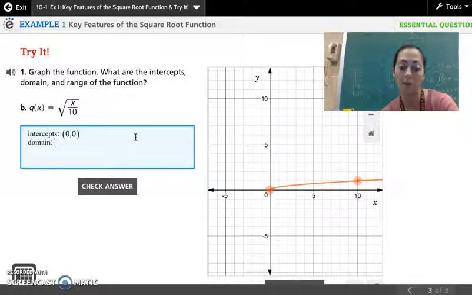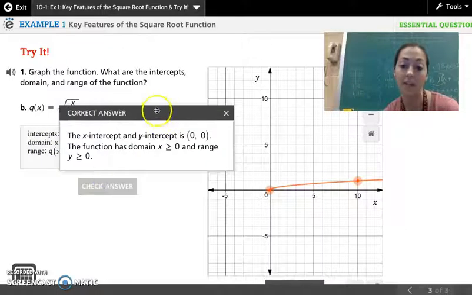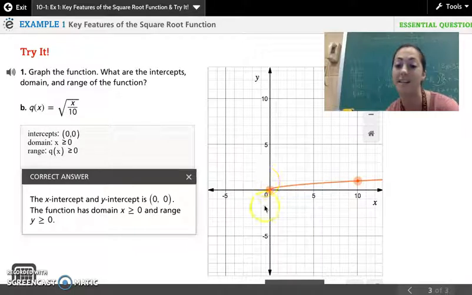Domain, okay, it has to be all x values that are greater or equal to 0. Range values, all values that are same, but now it's q of x has to be greater or equal to 0 as well, all those y values. And there's my answer. Yay, I did it. And that's a minimum of 0, 0. All right, awesome stuff.